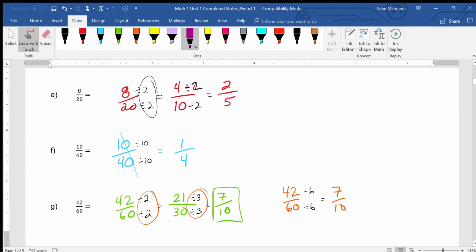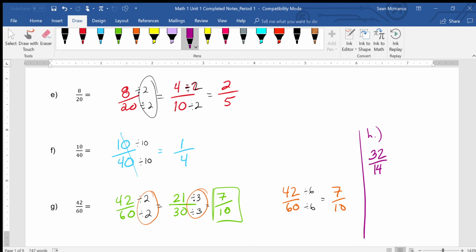I do want to show maybe one more quick example that's not on here. We'll call it H. And all of these were fractions where they were less than 1. The denominator was larger than the numerator, but it's the exact same process if we have a fraction where the top is larger.